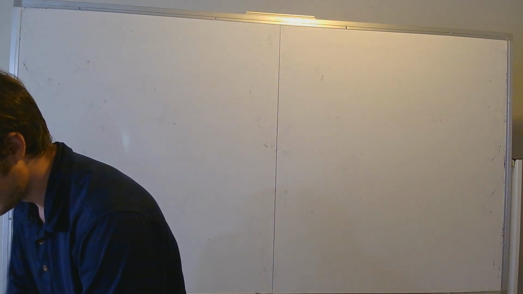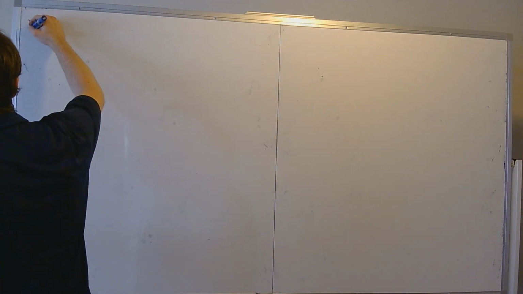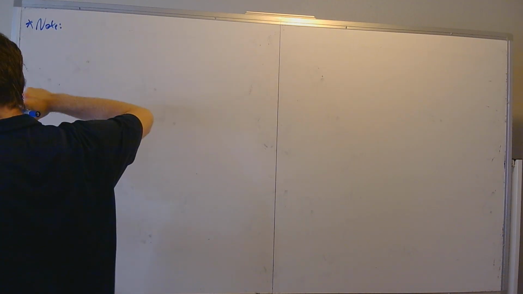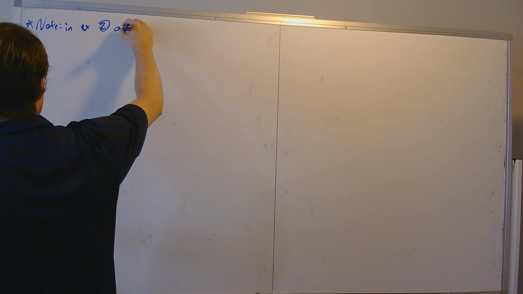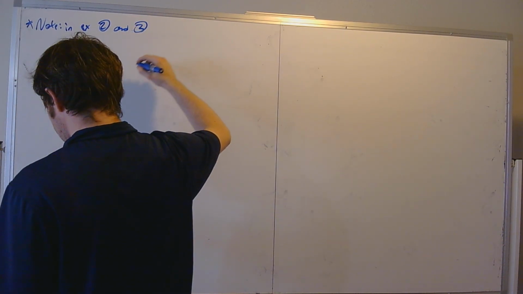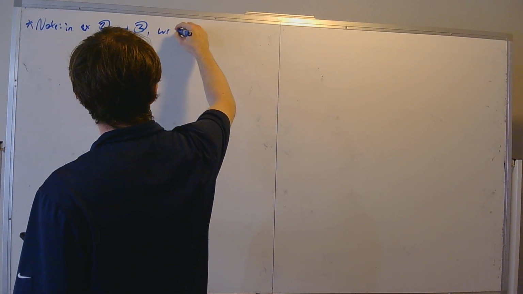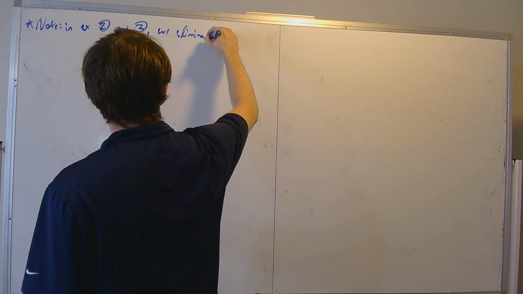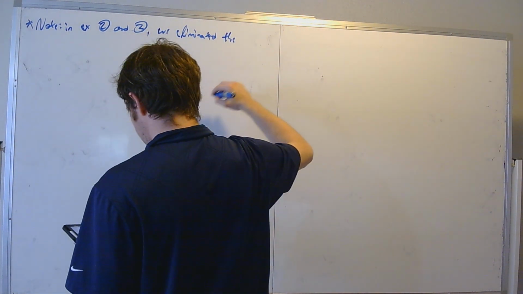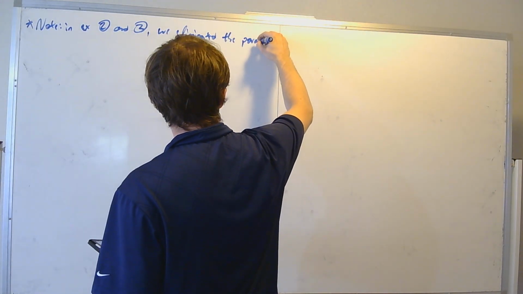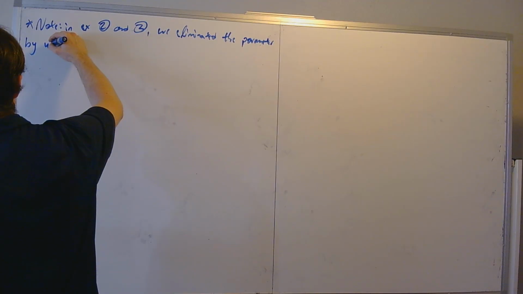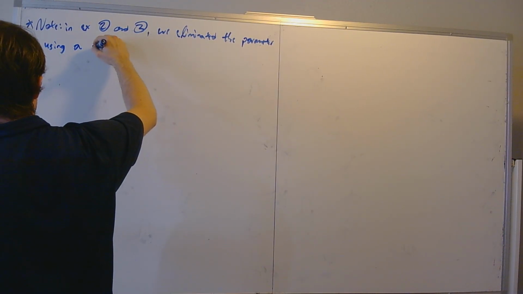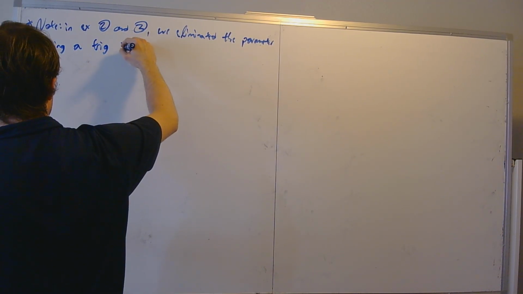So right here, before we start the next example, note in examples 2 and 3, we eliminated the parameter by using a trigonometric identity.